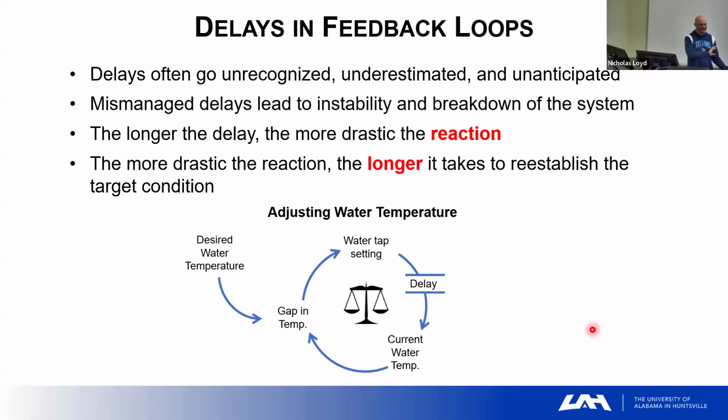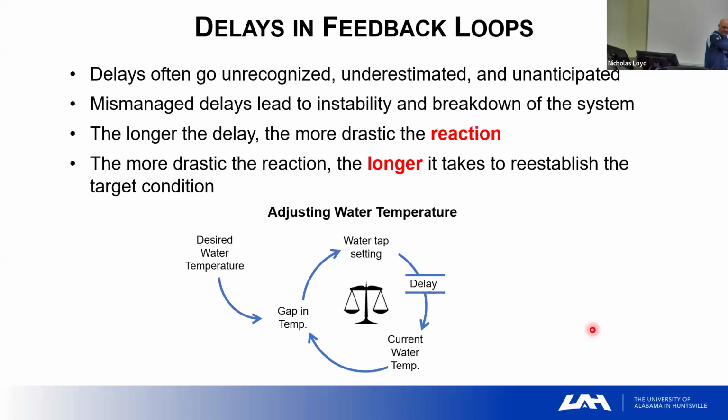So what happens? I turn it to be warmer. By the time the water tap is in the position for it to be my desired temperature, very often I've turned it past, right? Because there was a delay from when it reached the right temperature to the time I felt the right temperature. And by the time I felt it, I had already taken an action.